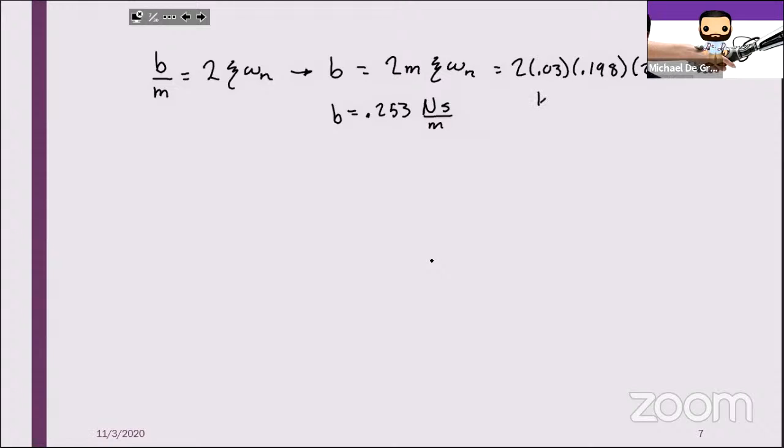Does this check? Well, we've got kilogram. 0.198 doesn't have units. This is a kilogram per second. We've proven that that's a kilogram per second. So they're equivalent.